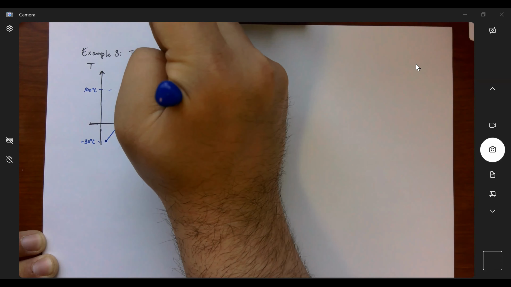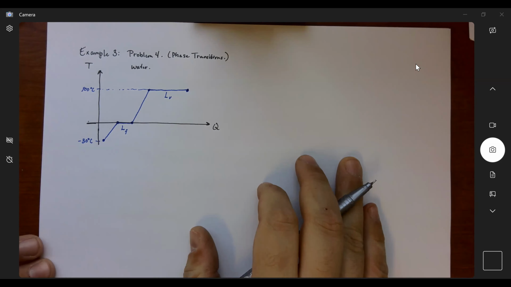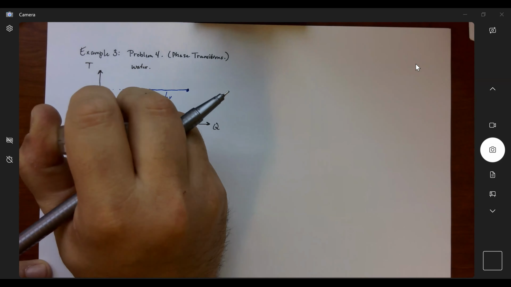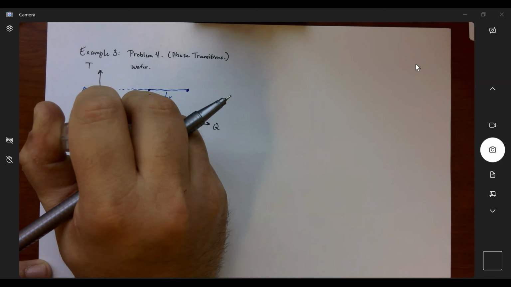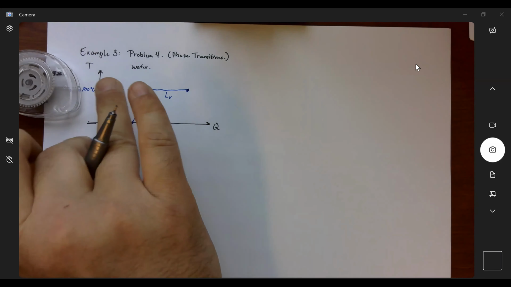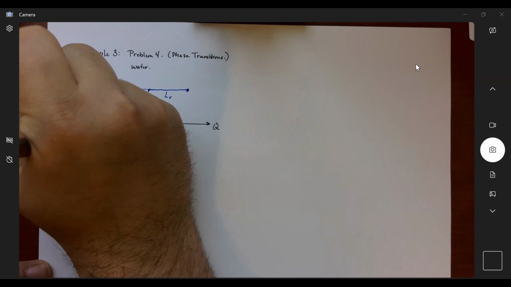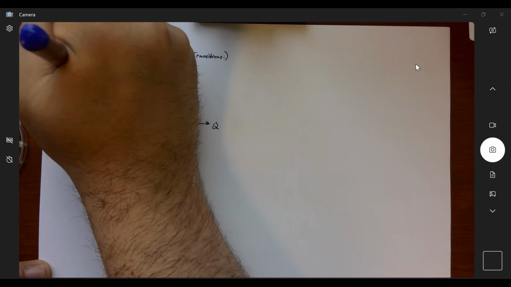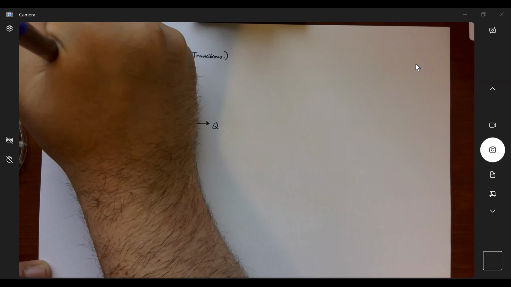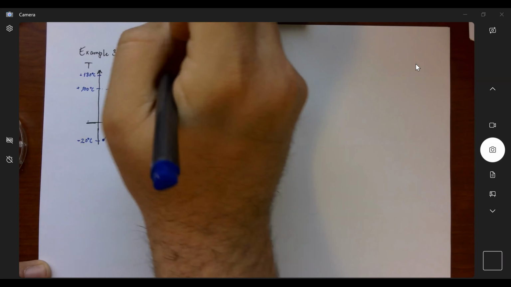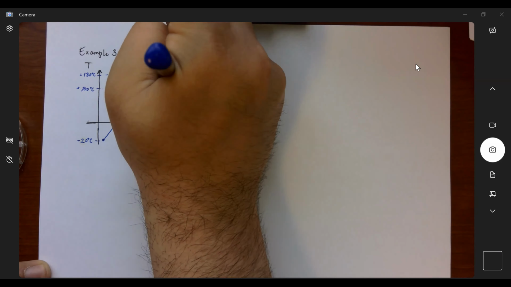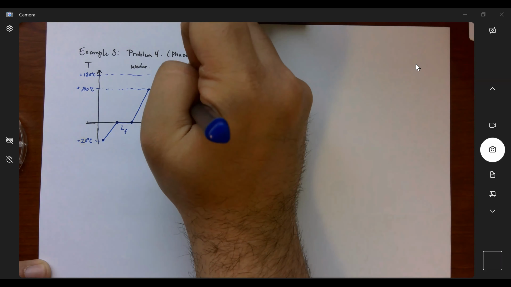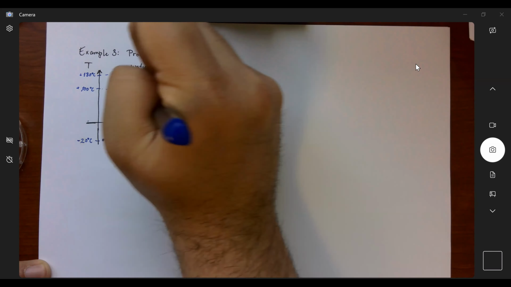And then there's some latent heat of vaporization, and then it's going to continue. Oh, actually, this was minus 20, sorry. Should look a little bit harder at my notes. This should be minus 20, and then it goes all the way up to positive 130. As more heat is added there.